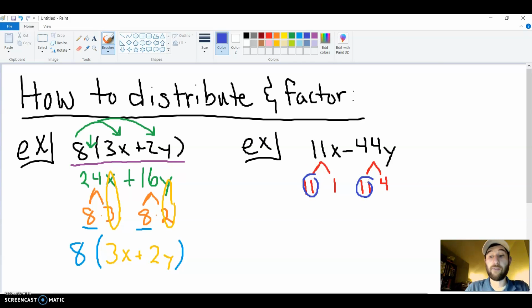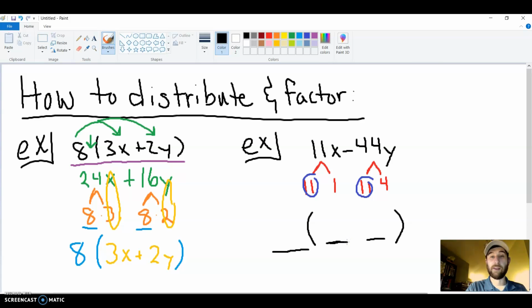So our very first step here is to think about what that process is going to look like. We know our answer is going to have a set of parentheses because we're factoring. We're undoing the process of distribution. So distribution starts with a set of parentheses. We have a number that's going to be multiplied out front, and then we have the 2 other numbers inside.